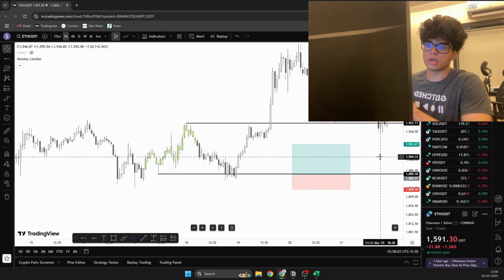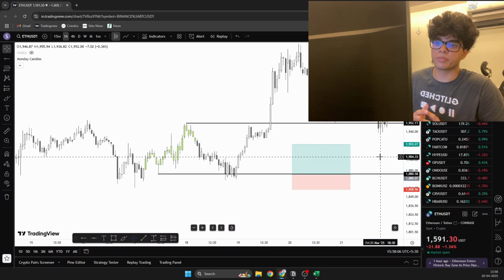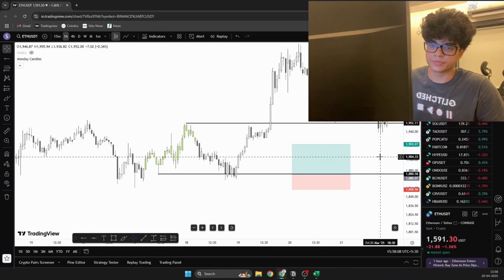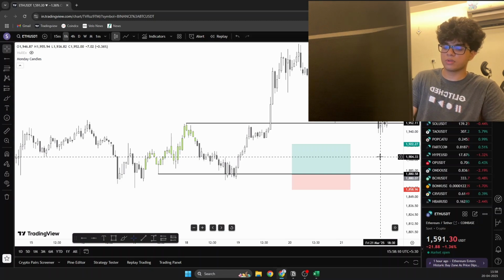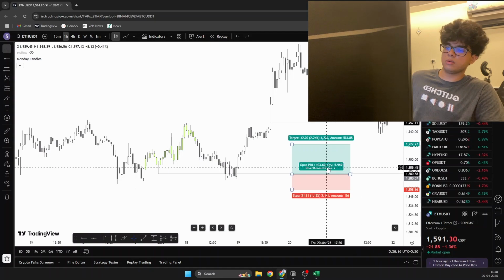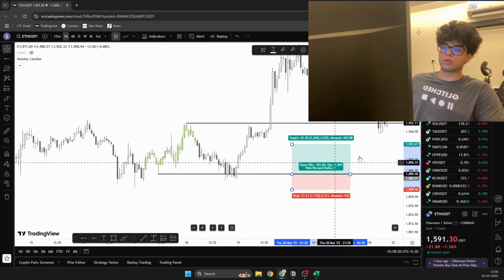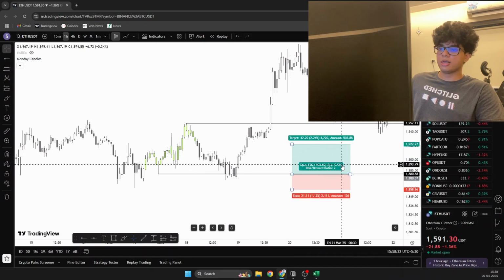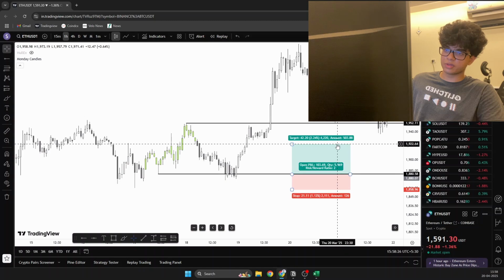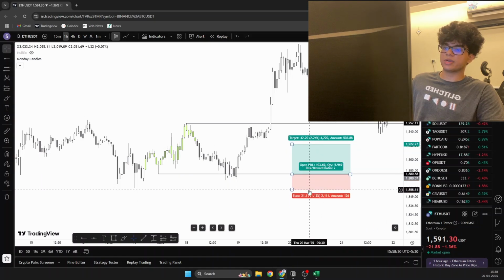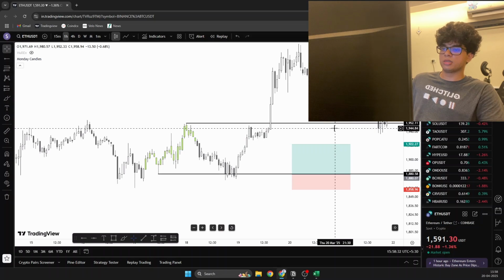What 2 RR basically means is that you're risking, let's say, 100 rupees to make 200 rupees. So if you put in 100 rupees here, and price went to here, you get 200. But if price went here, then you'd get 100.